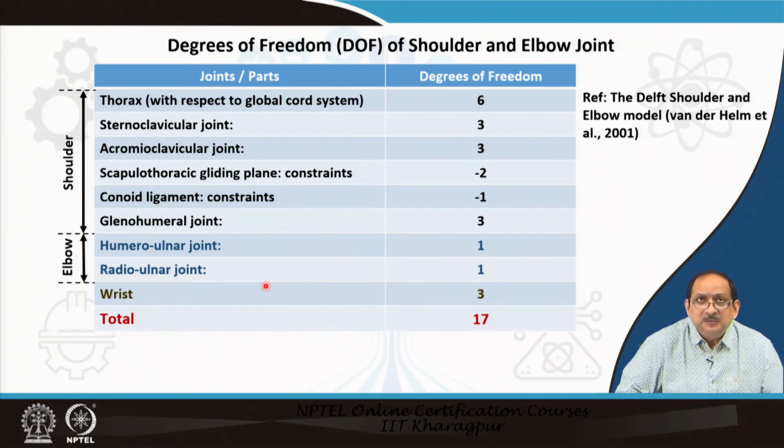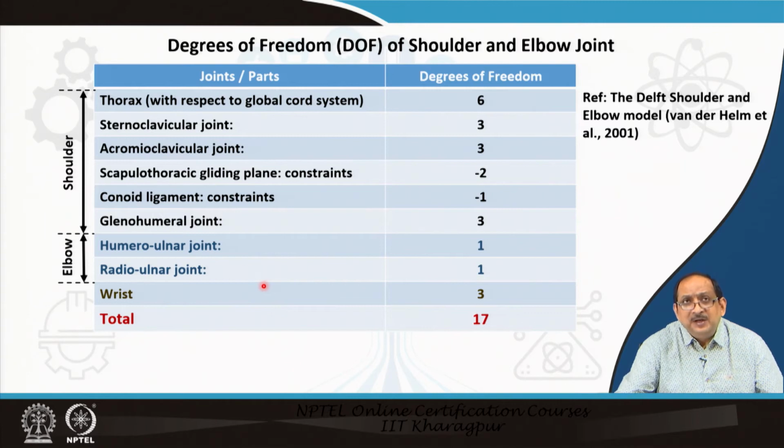Now, based on these motions, the degrees of freedom of the shoulder, elbow, wrist joint can be summarized based on the model proposed by the Delft shoulder group, and the model is quite popular and famously called the Delft shoulder and elbow model, proposed by Frans van der Helm's group at Delft University of Technology.